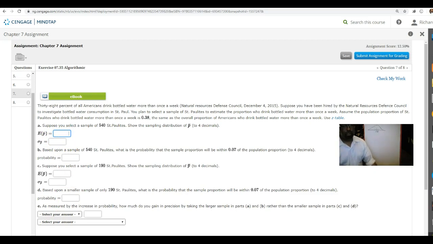To calculate the standard deviation of the sample proportion, we'd use a much more involved equation. The standard deviation of the sample proportion is the square root of the population proportion times 1 minus the population proportion over the sample size, and we take the square root of that quantity.